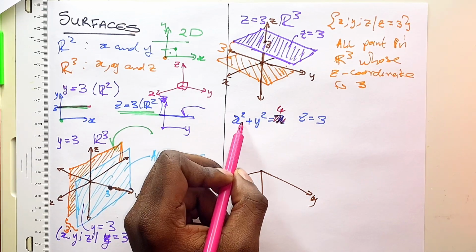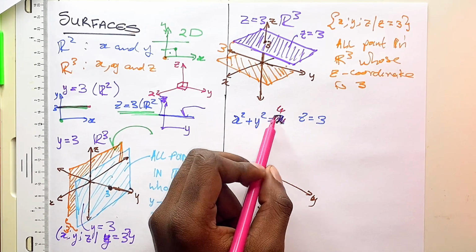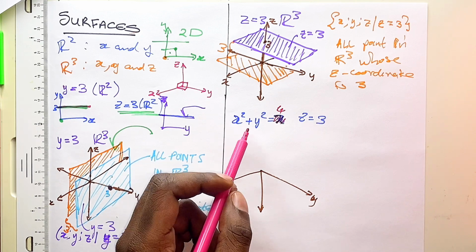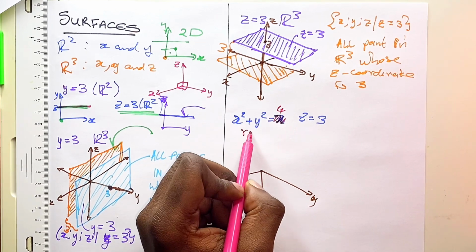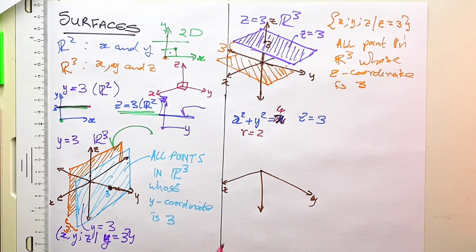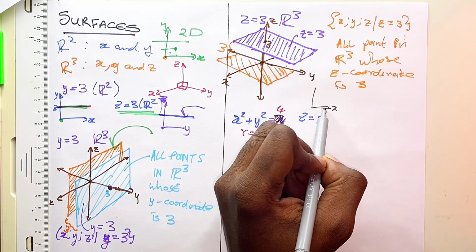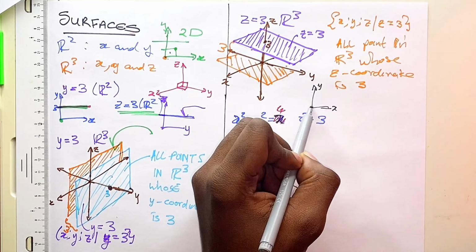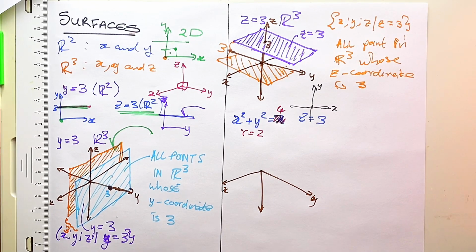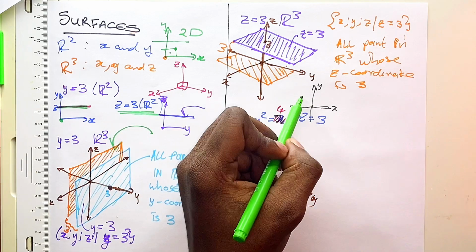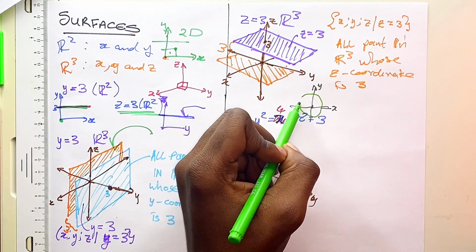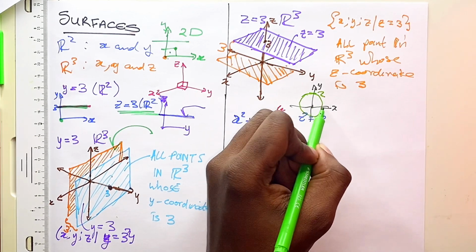You know that x squared plus y squared is equal to 4 represents a circle with the radius 2. So if you were in 2 dimensions, this will look something like this. You would have a Cartesian plane of x and y, and then your circle would go around like this with a radius of 2 in each side.